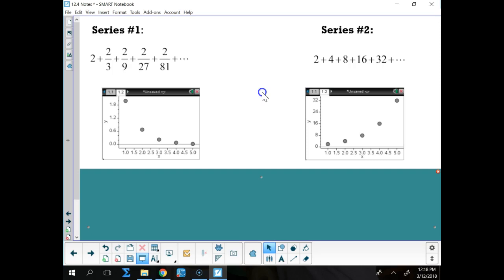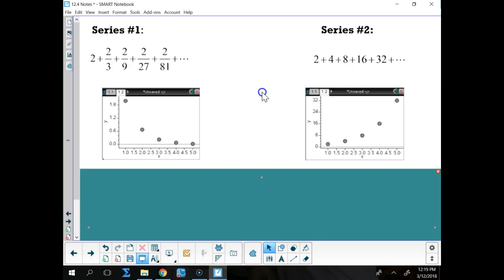Series 1 is an exponential decrease or decay, and series 2 is an exponential increase. Do we agree with that? That the left series, series 1, is an exponential decay, and series 2 is an exponential growth. I would agree they look exactly like an exponential decay and an exponential growth.